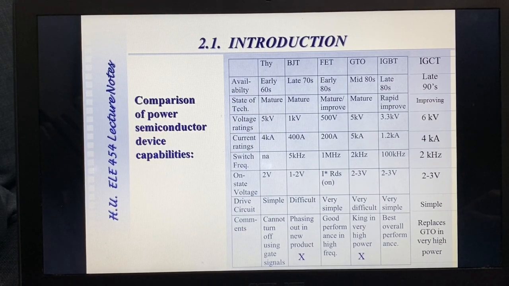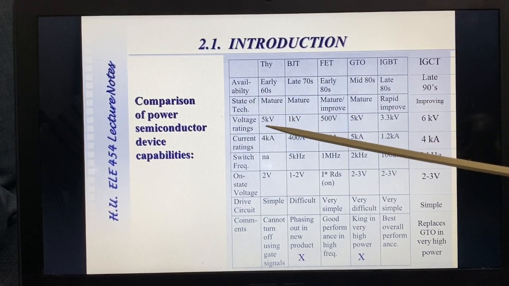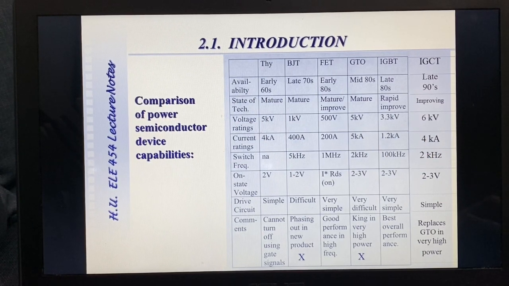Voltage ratings are in the order of 5 kilovolts for the thyristor. So it can withstand in the off state 5 kilovolts without breakdown. This is quite a high value.